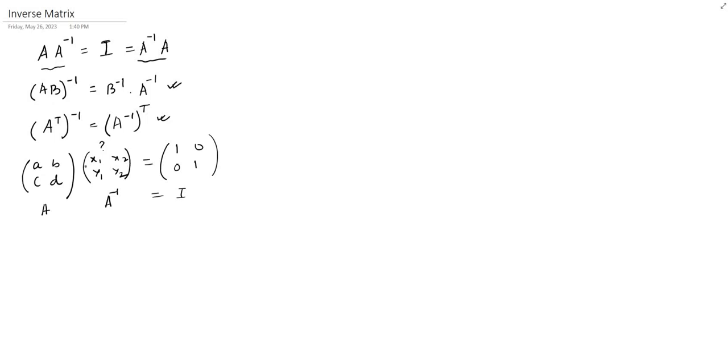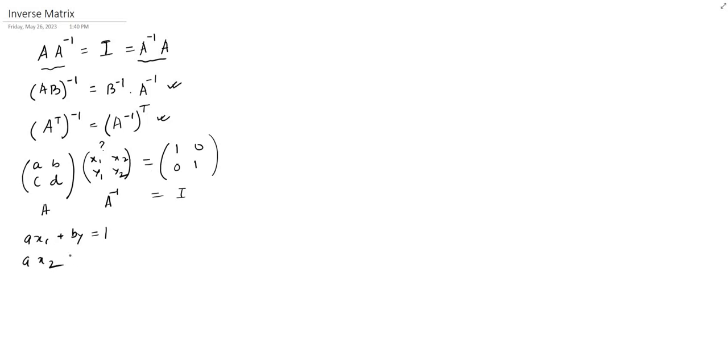So that means we have to build some equations, and we know from the matrix multiplication rule that a x1 plus b y1 equals 1, because this is the first value and this is the first value, so this will be 1.